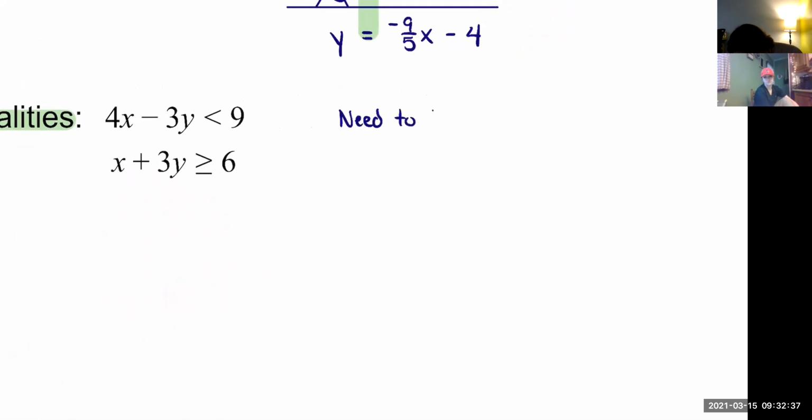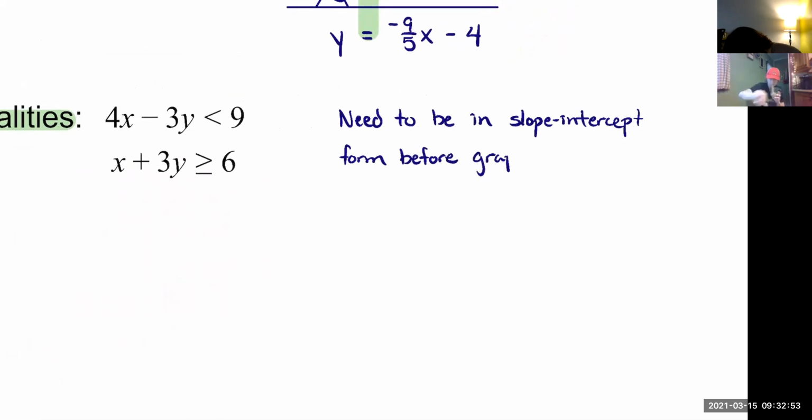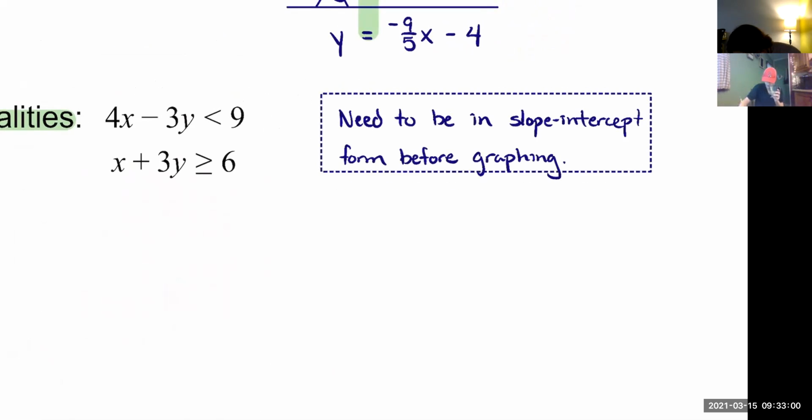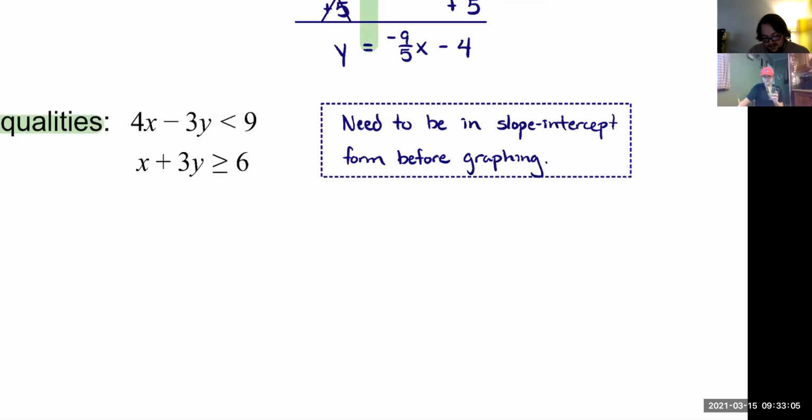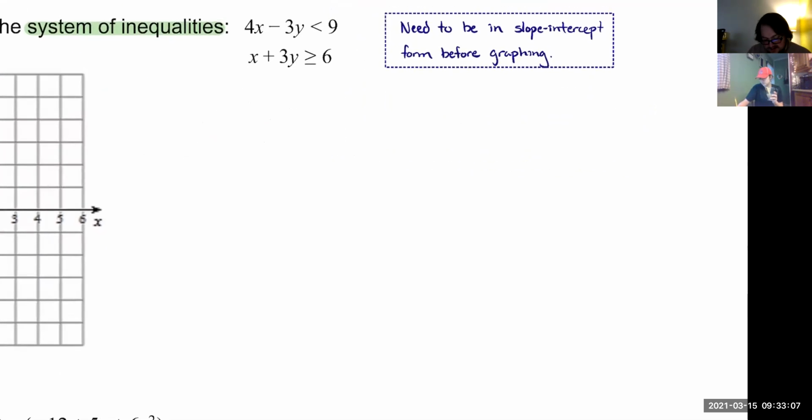They need to be in slope-intercept form before graphing. Otherwise, you're just going to be taking a shot in the dark as to what your slope is, what your y-intercept is. There's no need to guess in this class. We have the skills necessary to be able to work through these.